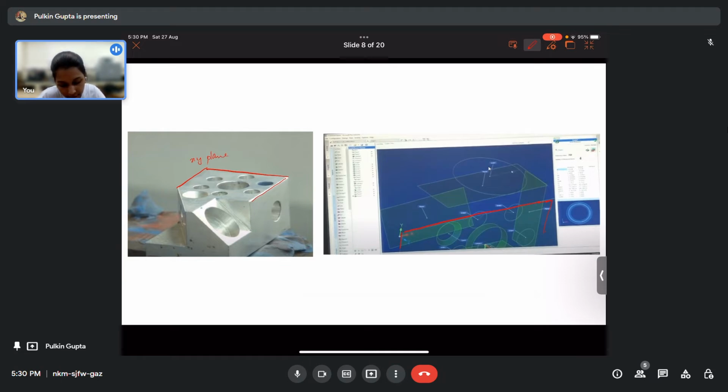Then this cylinder was measured using 8 points, 4 in one plane and 4 points in the plane at a certain depth. So this resulted in generation of this cylindrical feature. And then these smaller circles were measured using 4 points each.